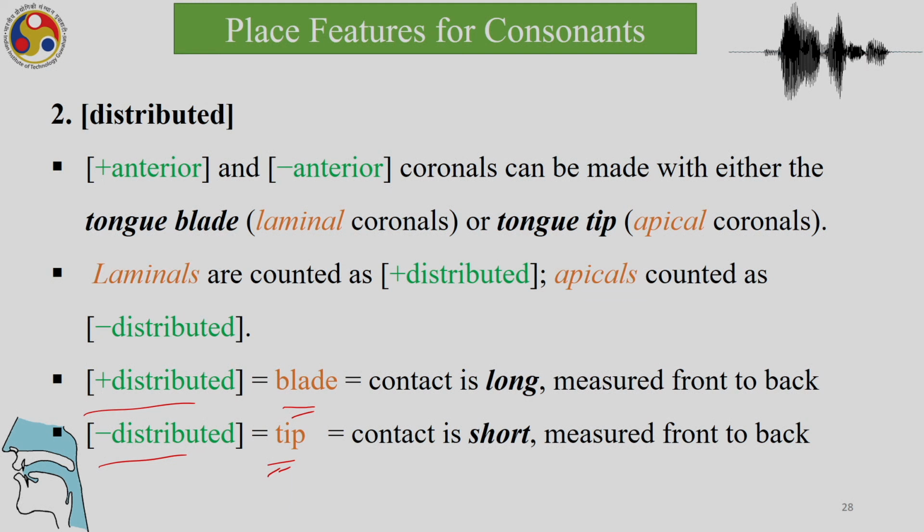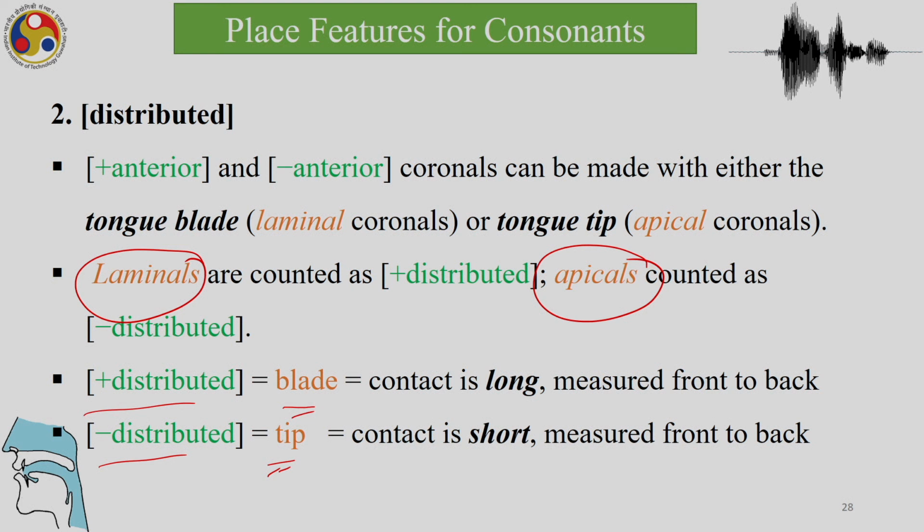So distributed involves what we studied before. Remember, when we talked about articulatory phonology, we looked at the linguistic diversity in the languages of the world, and we looked at laminals versus apicals. Laminals can be both dental and alveolar, and apicals can also be either of them, whereas one involves the tip of the tongue and the other involves the blade of the tongue.